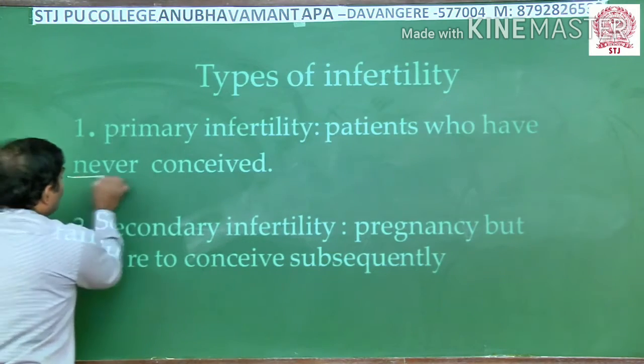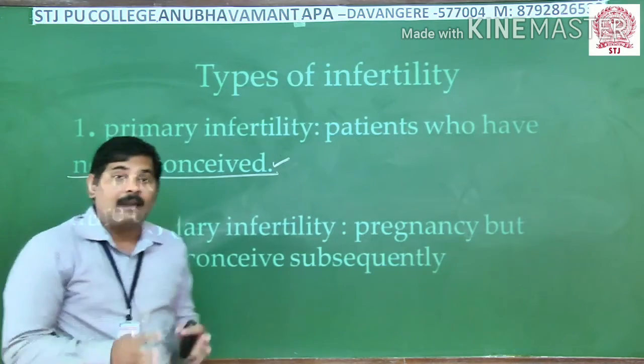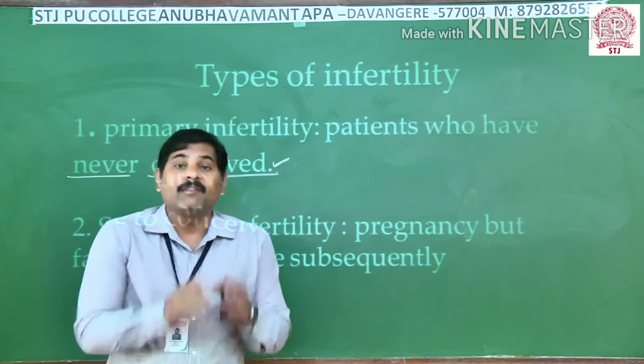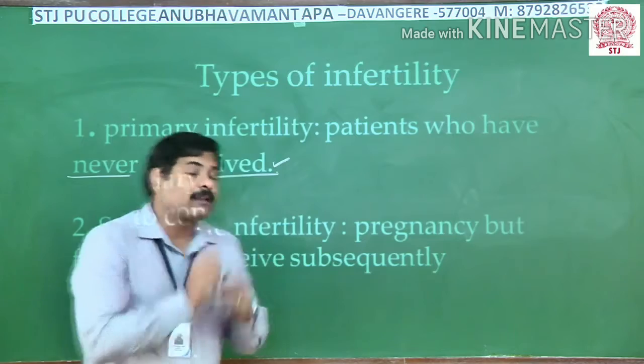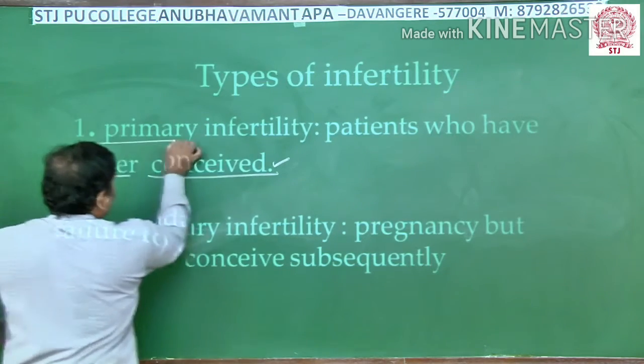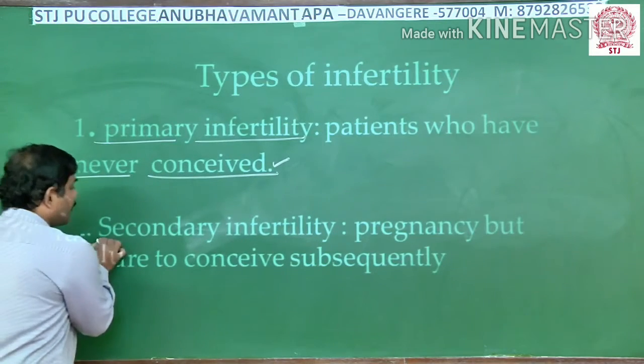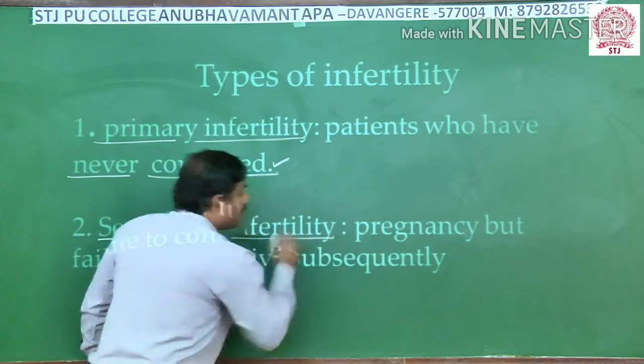Here, one who never conceived even one time. If the couple doesn't conceive even a single time, that particular condition is known as primary infertility.